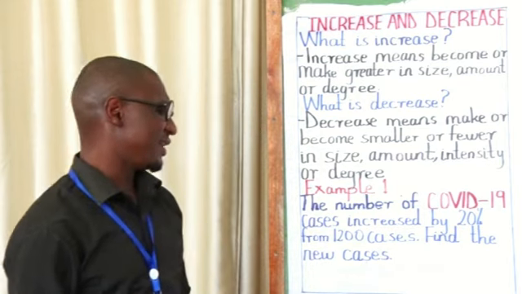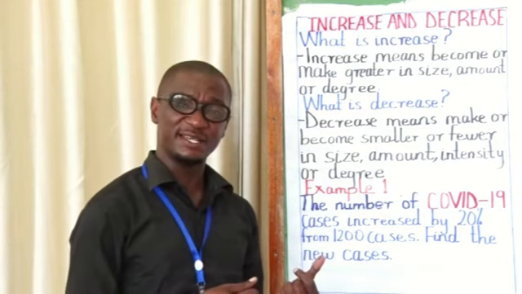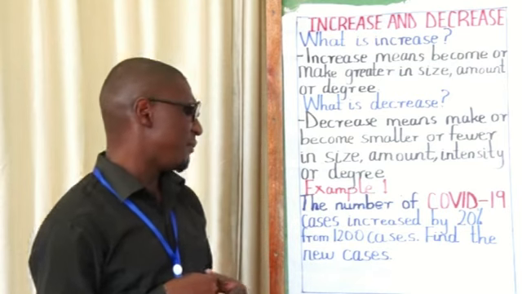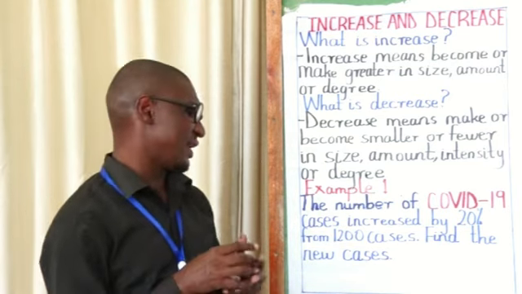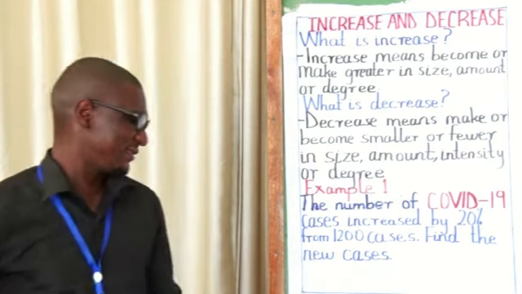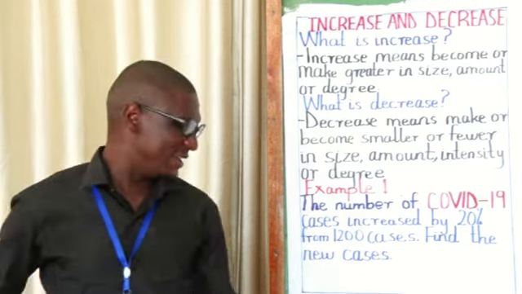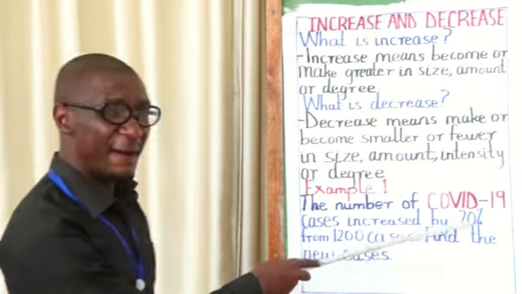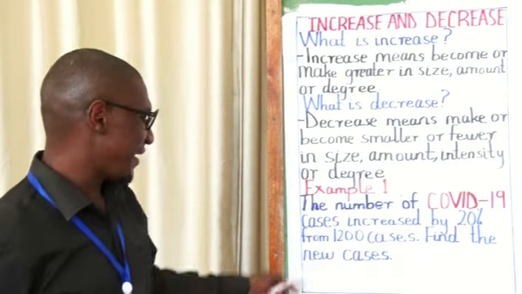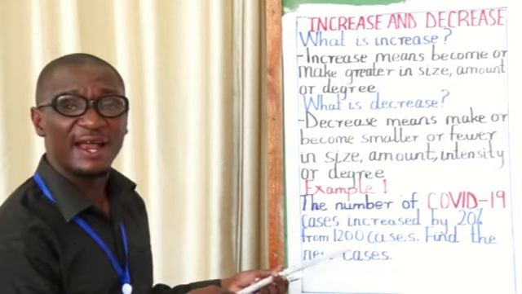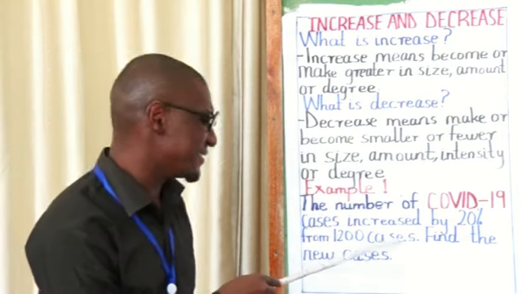Talking about increase and decrease, either in percentage or otherwise, example number 1 tells us the number of COVID-19 cases increased by 20%, from 1,000 up to 1,200 cases.